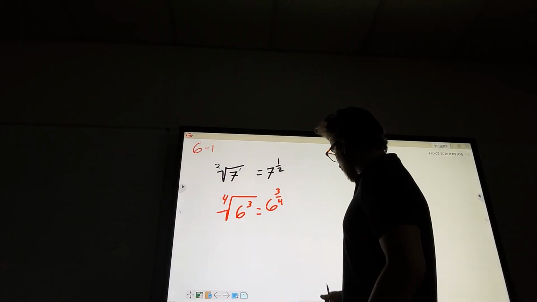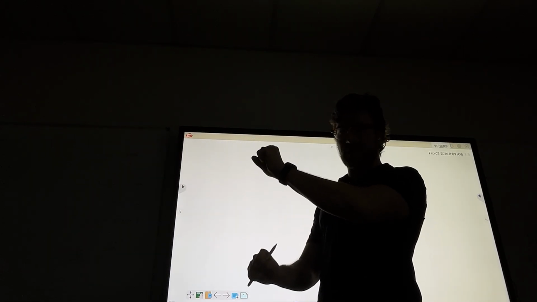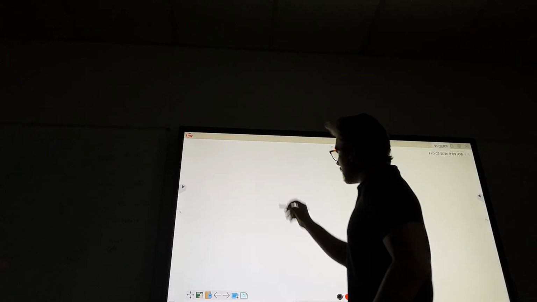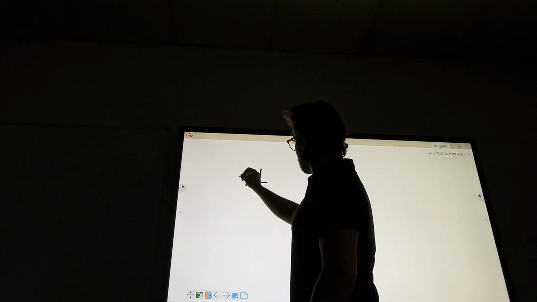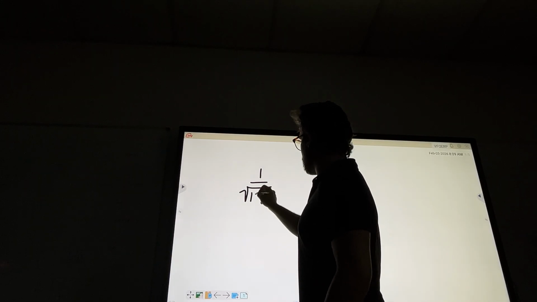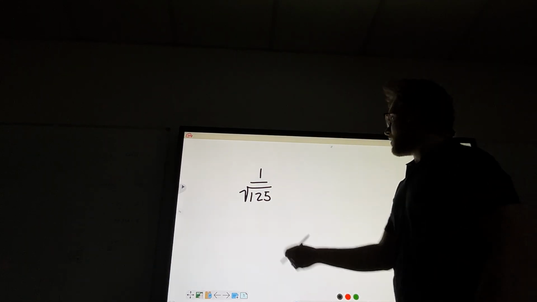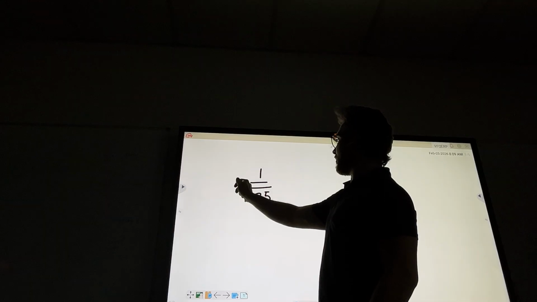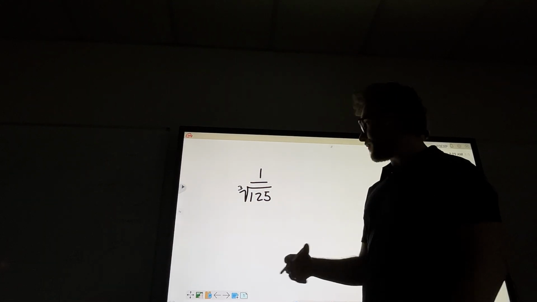We can also add on some negatives. If you remember in class, negative means we flip. So, if we have 1 over the square root of 125, we can rewrite something like this. Let's say we want the third root. The third root of 125 will be 5.